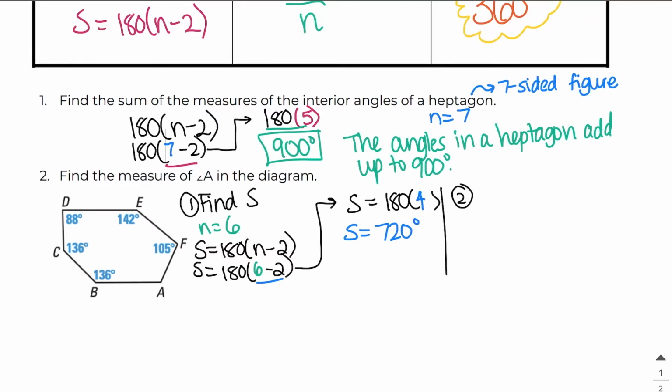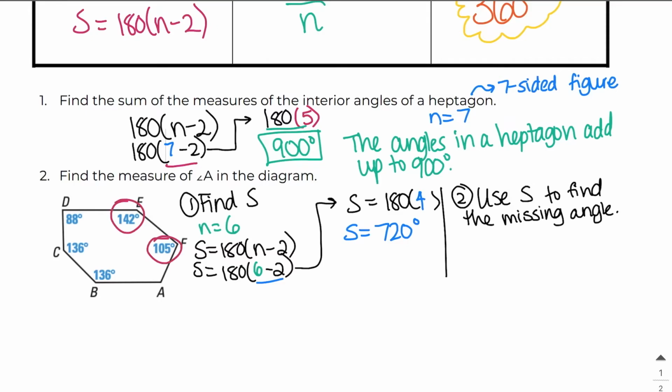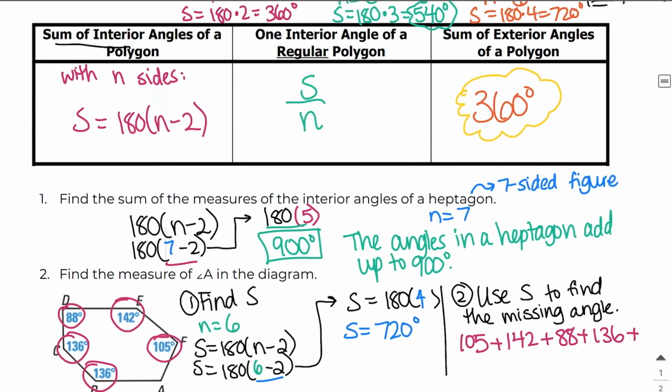Now, I can use S to find the missing angle. I know that all of these should add up to 720. So I'm going to add up all of these angles right here. So 105 plus 142 plus 88 plus 136 plus another 136.